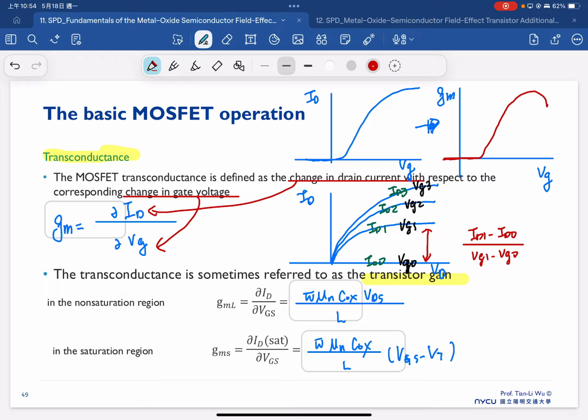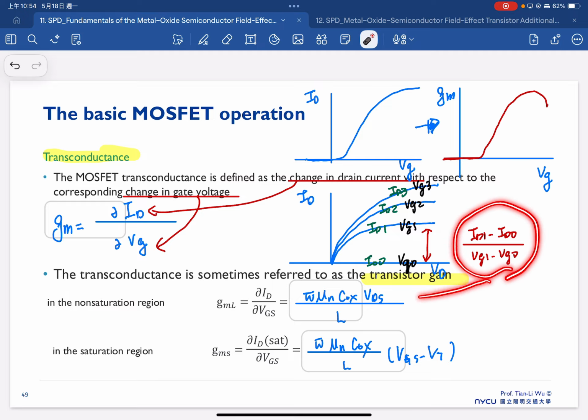This calculation is the same as this one, just the derivative of current versus the derivative of VG. So the amount of current increase here is exactly the transconductance.